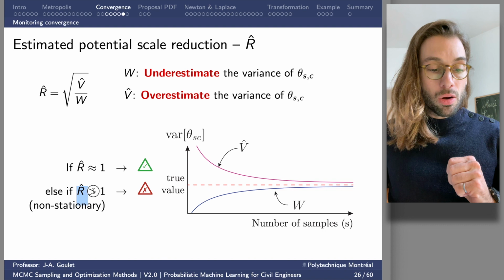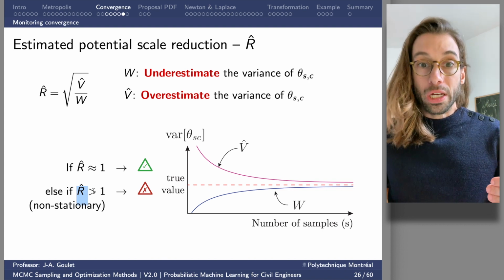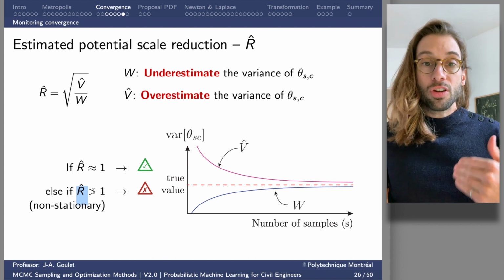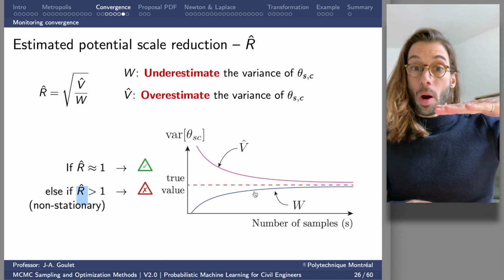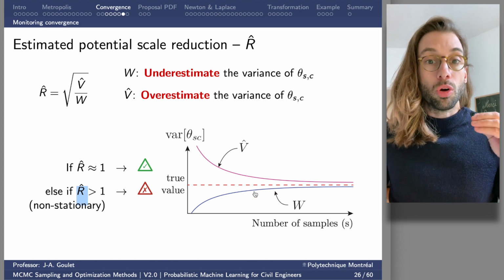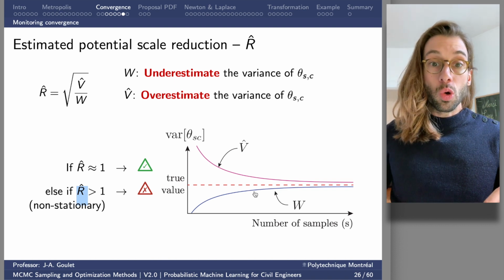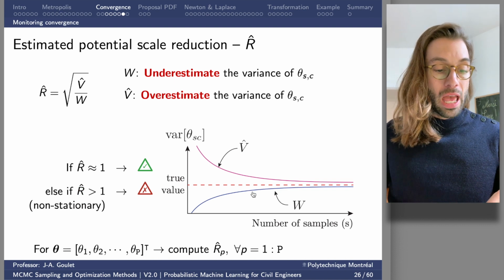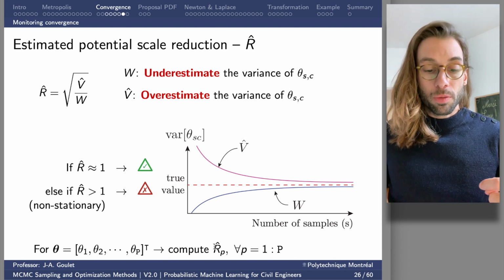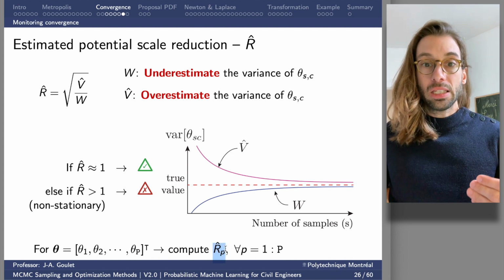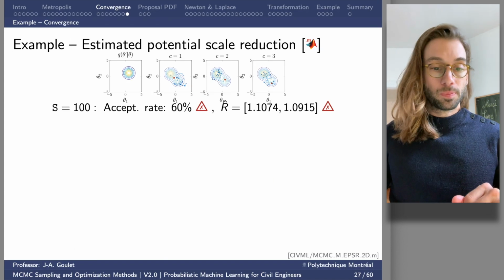If it's much greater than 1, say greater than 1.10, we're going to say we haven't reached convergence yet. The upper and lower bounds are too far apart. This is what we want to look at in order to quantify whether we have converged. And when we have a vector of parameters, not only one, we're going to compute one EPSR estimate per dimension.